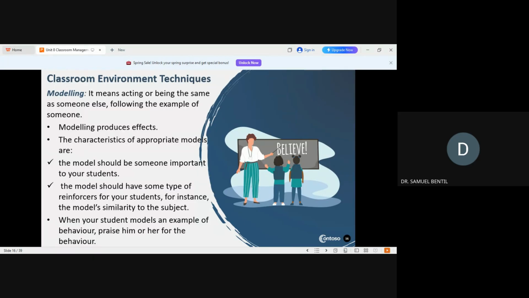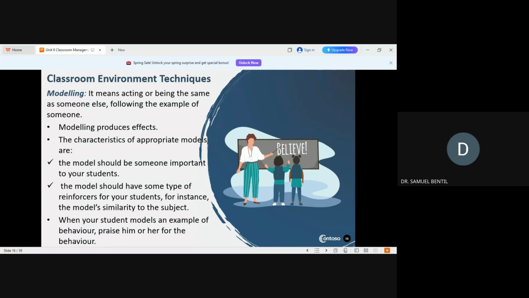Because every modeling produces effects, and the effects can be positive or negative. So you don't just present anybody for your learners to emulate. Check the background of the model, the behaviors, the things behind the scenes before you present them for them to model.